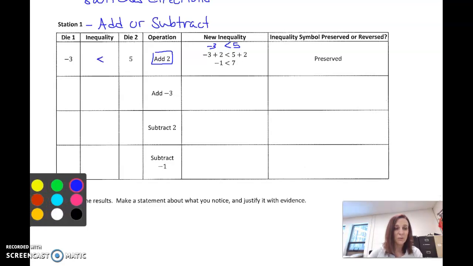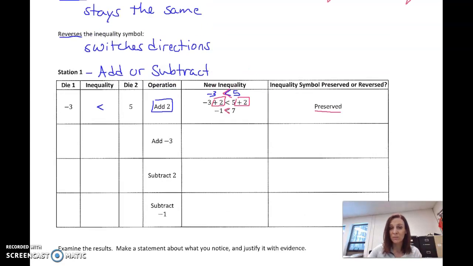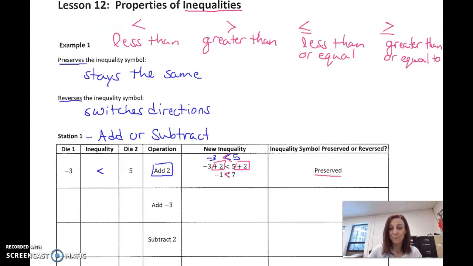And then notice what we did here is we added 2 to each side. If you add 2 to -3, you get -1. If you add 2 to 5, you get 7. Notice they wrote "preserved" here. What that means is our inequality symbol was less than to start, and when we get -1 and 7, -1 is still less than 7. The symbol was preserved, it stayed the same.